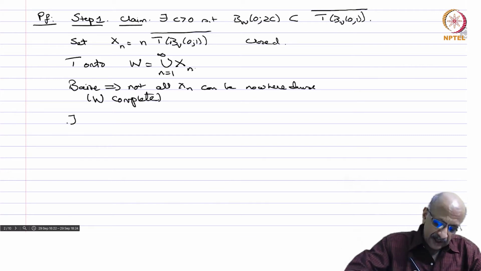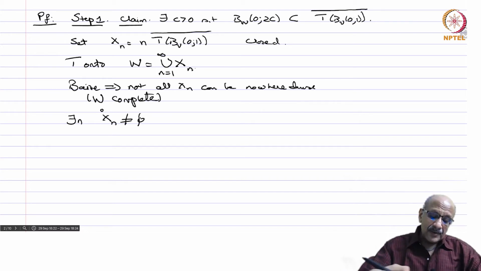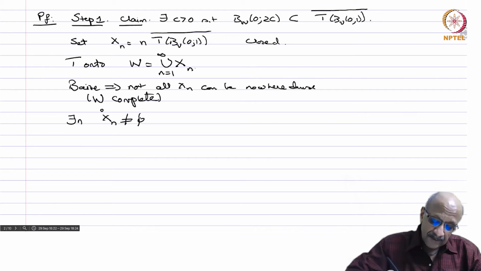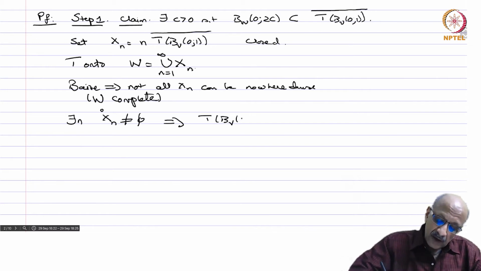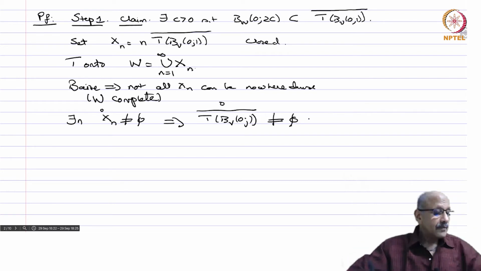So there exists an n such that the interior of X_n is not empty. But what is X_n? It is just a scaling of X_1, namely the closure of T(B_V(0,1)). Therefore, if that has non-empty interior, then any scaling of it will also have non-empty interior. So this implies the interior of the closure of T(B_V(0,1)) itself is non-empty.